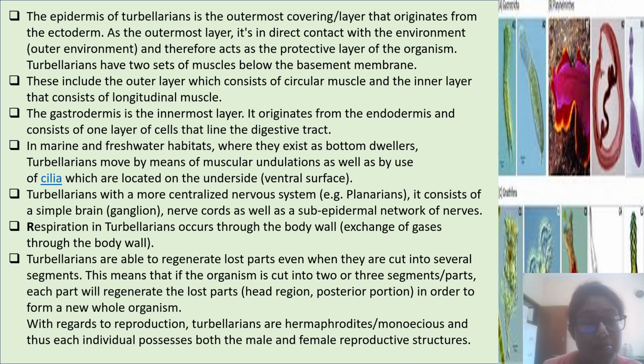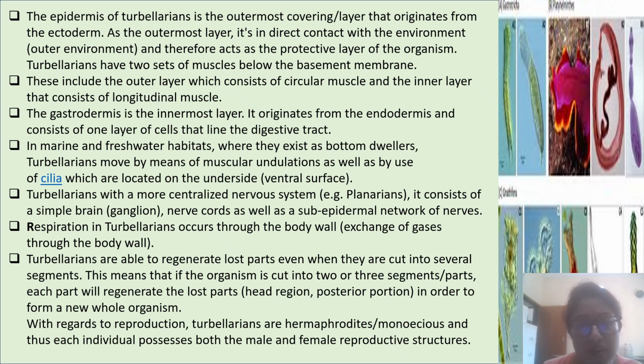Turbellarians have a more centralized nervous system. It consists of a simple brain, that is, ganglia, nerve cords, as well as subepidermal networks of nerves. Respiration in turbellarians occurs through the body wall, that is, the exchange of gases through the body wall. Next, turbellarians are able to regenerate lost parts even when they are cut into several segments.